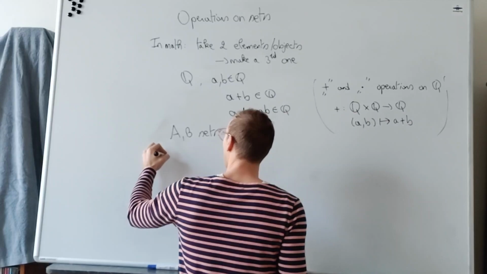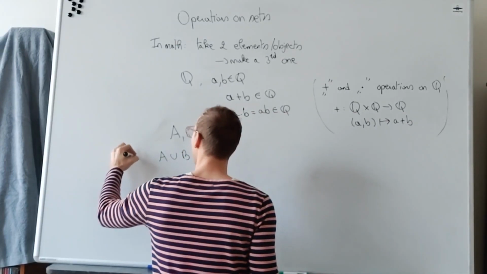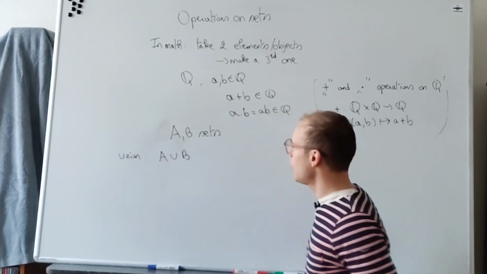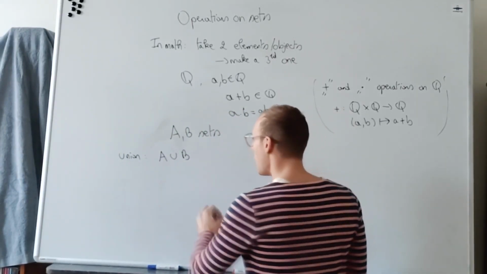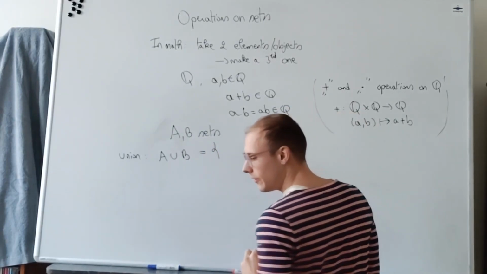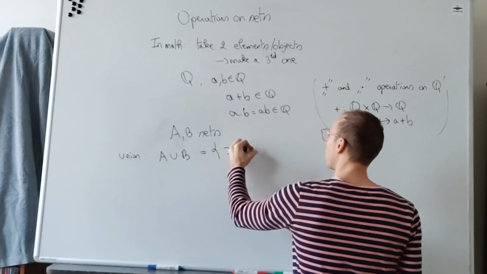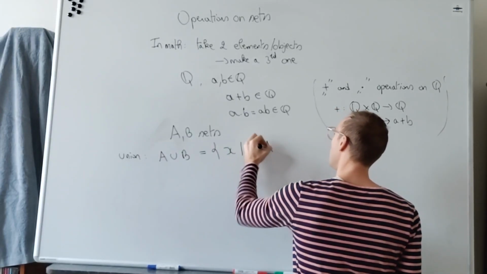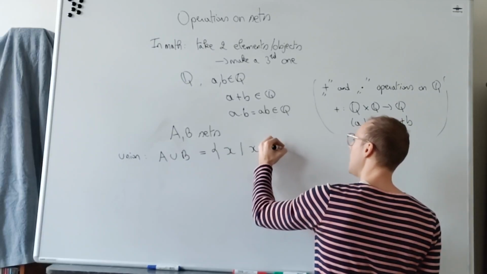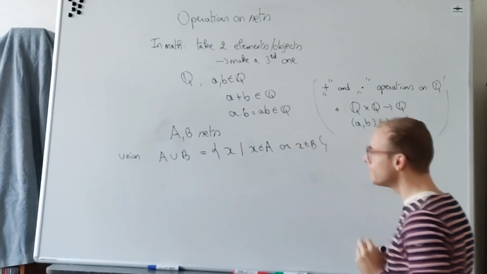I can take the union of both sets, A union B, and represent this with the accolades. This is just all the elements x for which it holds that either x is an element of A or x is an element of B.